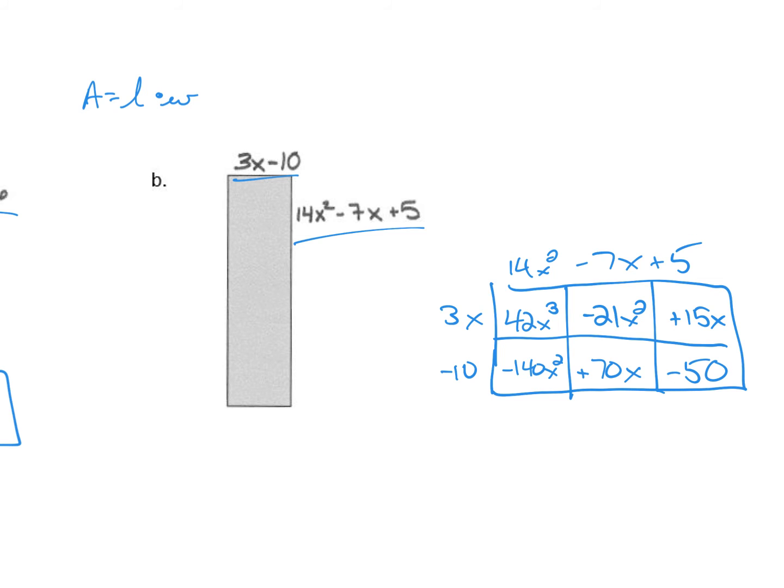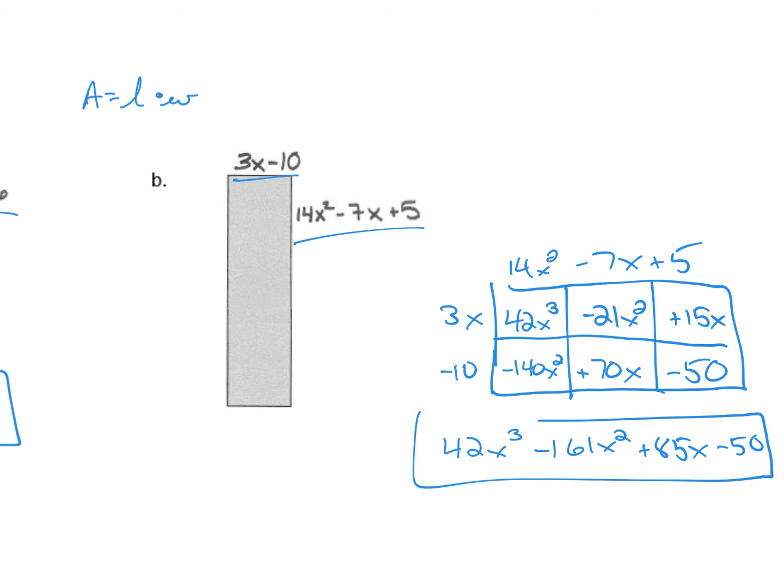So in this case, we just need to be aware as we add these up that our variables do line up, which in this case, they look pretty good. 70 plus 15 is 85 minus 50. So, nice long polynomial answer. But again, we're just taking that time to multiply, use that box method, and solve.